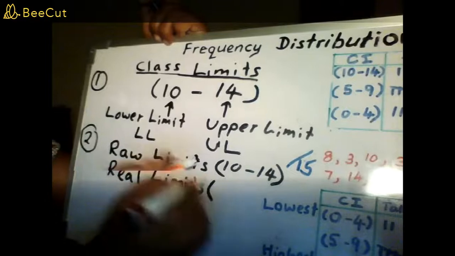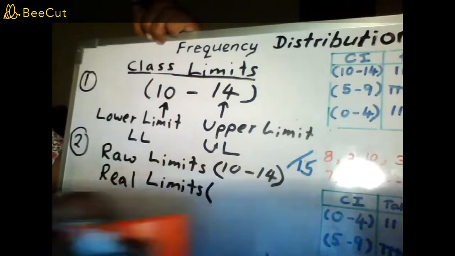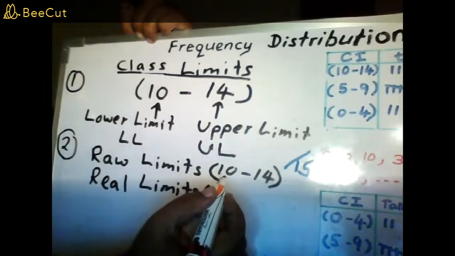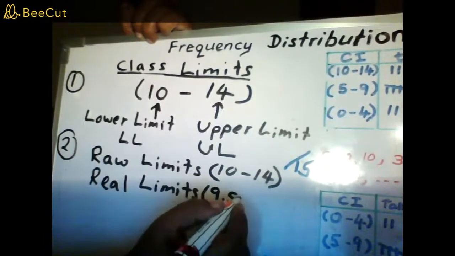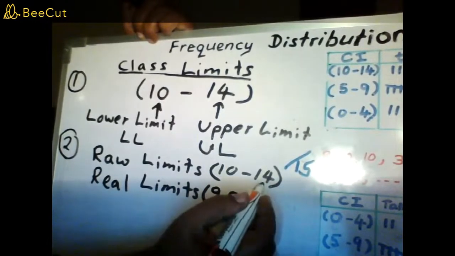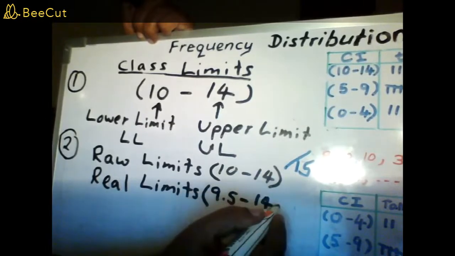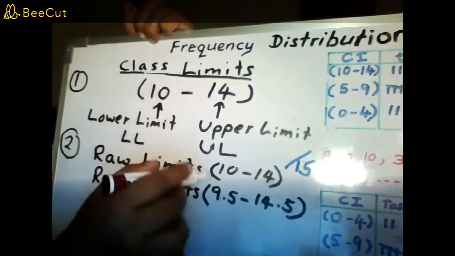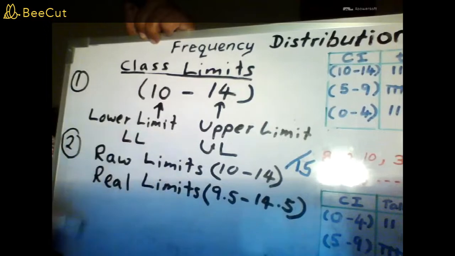Actually, how you calculate these is like this. You deduct 0.5 from the lower limit, that is 9.5, and you add 0.5 to the upper limit, so it is 14.5. Don't worry about these things. We'll do all the exercises relevant to this later.